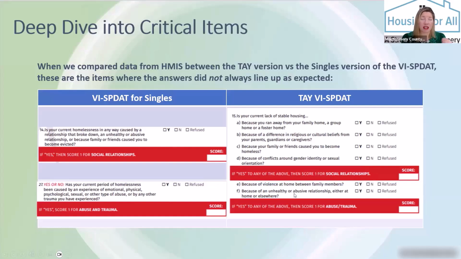So they might have seen getting kicked out as a trauma, but not because of these reasons. So it is possible for somebody to answer yes here and maybe only get one yes there on the TAY version. So we looked as a group at all those differences to see what assessment we think is going to best capture the TAY's unique situation. And overall, it was the TAY version of the VI-SPDAT.